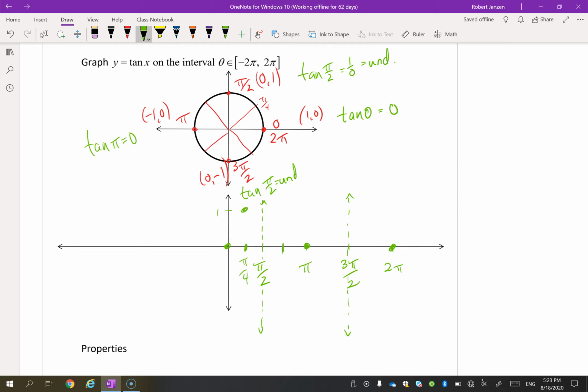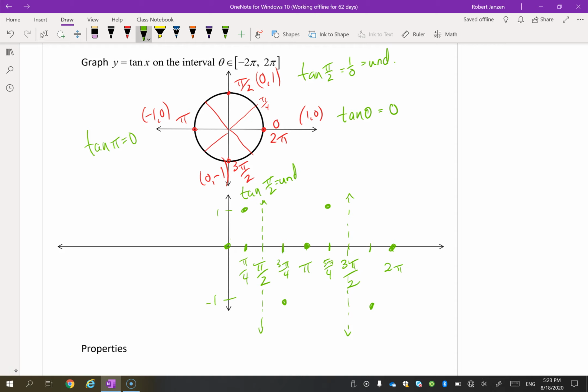At 3 pi by 4, tan is negative 1. At 5 pi by 4, tan is positive 1. And at 7 pi by 4, tan is negative 1.